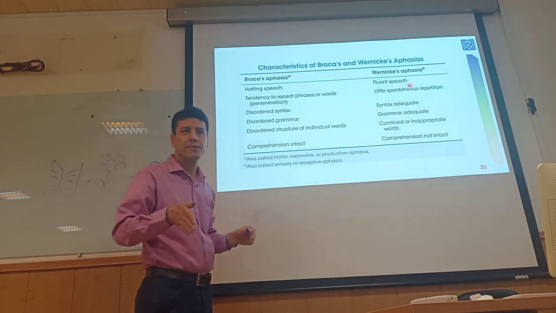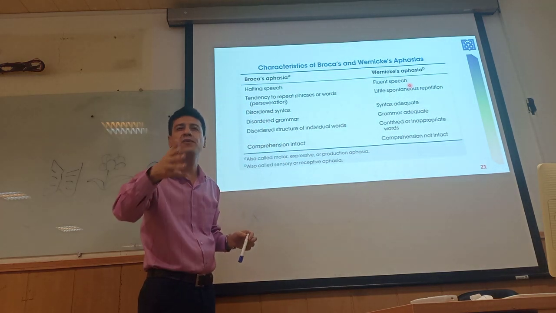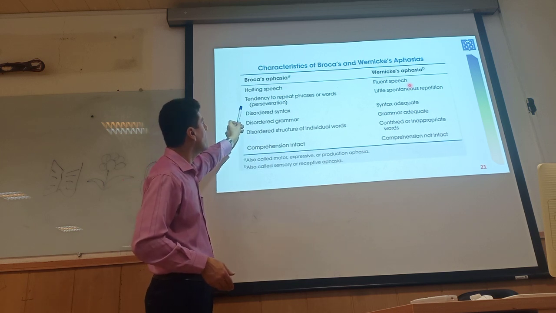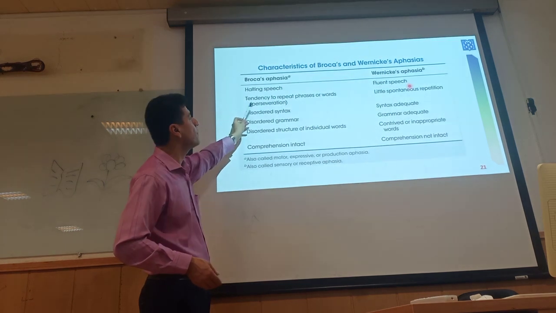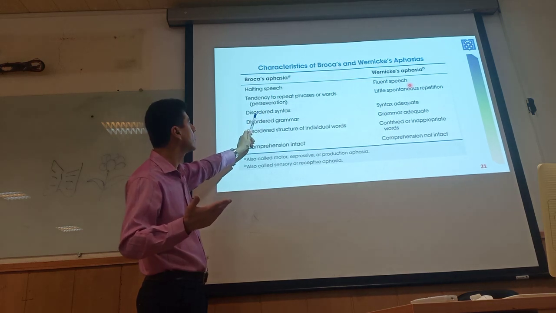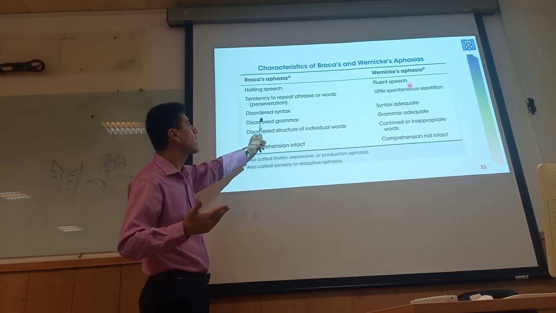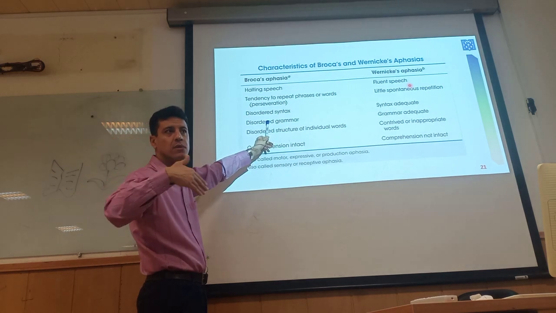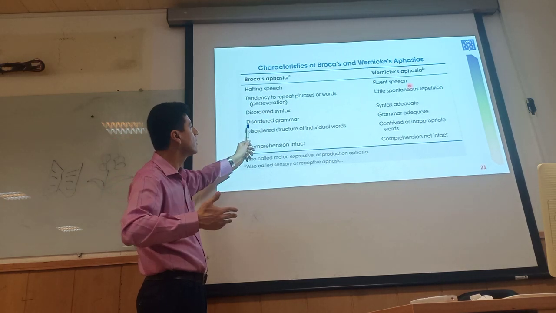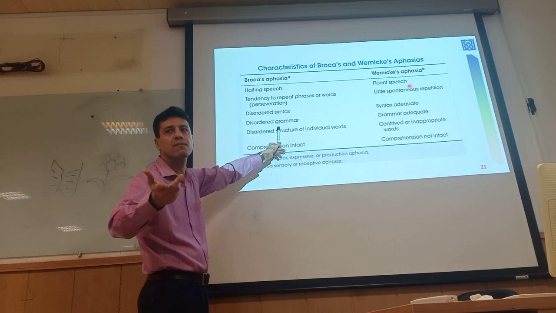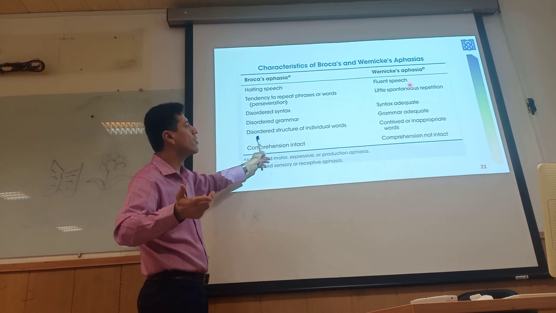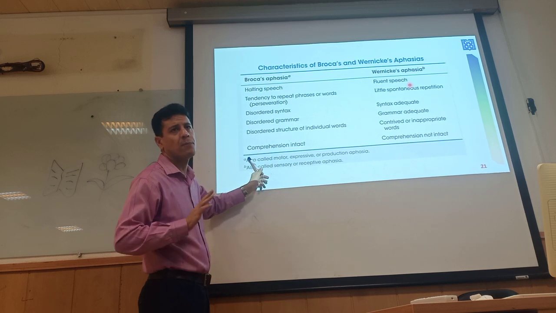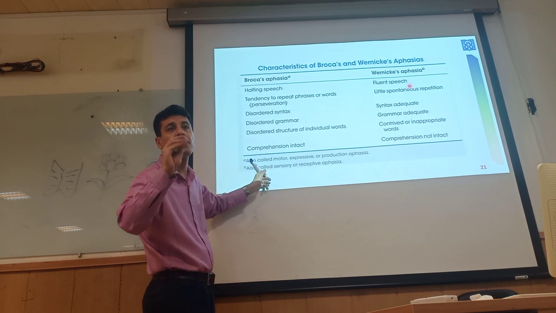Halting speech, so the speech is not fluent, right? The patient has a tendency to repeat some phrases and words. Syntax is disordered. Syntax is the order of the words. Grammar is lost. Structure of individual words may be lost. But comprehension is intact. When you talk to them, they understand.